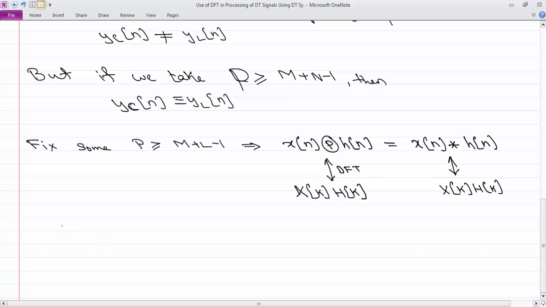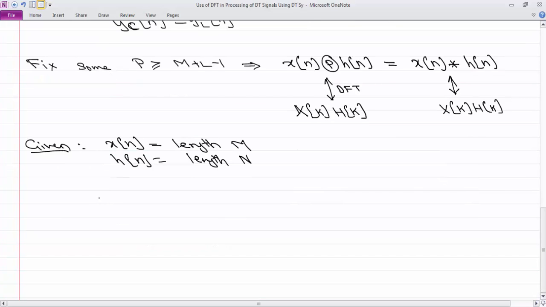Okay, so we'll be given x[n] of length m and h[n] of length n, and we are asked to compute linear convolution in a fast fashion.